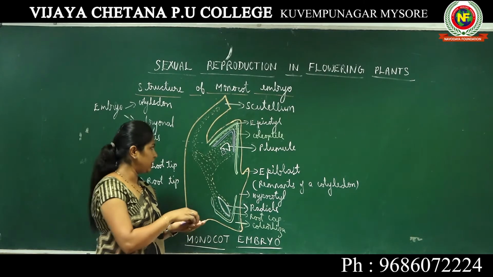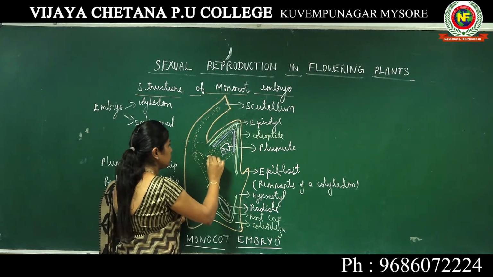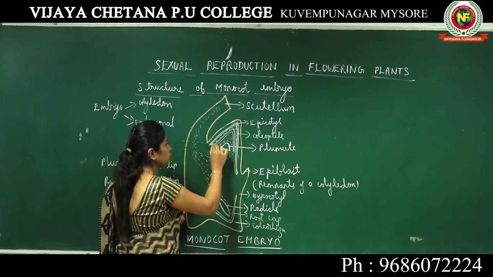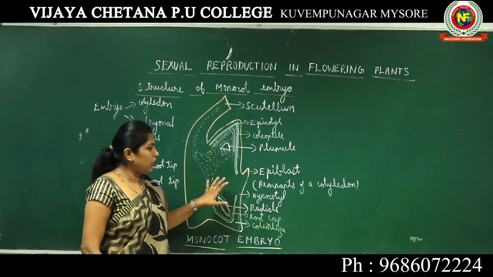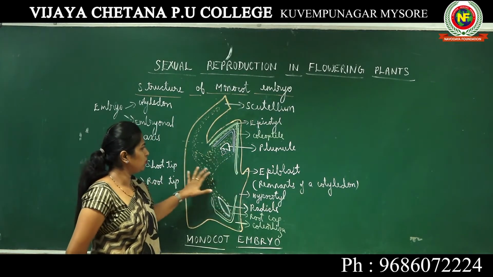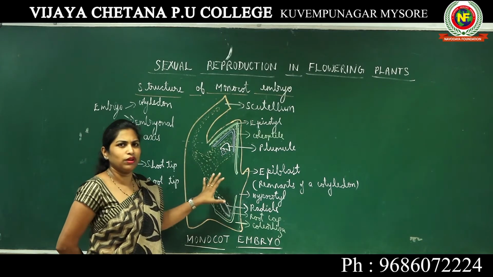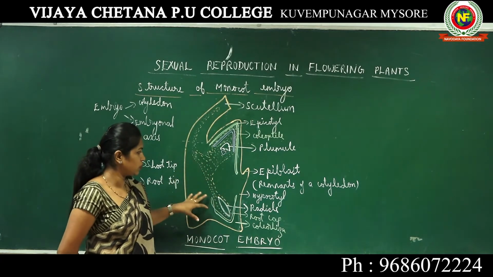If you look into your NCERT diagram, they have given the structure of monocot embryo something like this. However, this is just to clearly show the embryonal axis and all the structures.